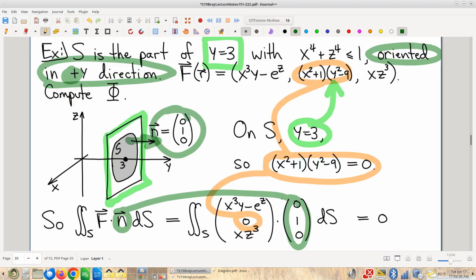I haven't parameterized anything. So simple geometry, or algebra, depending on how you want to look at it, gives us a tremendous amount of free information. And again, we get lucky and everything just disappears. That dot product is 0, and so our answer is 0. So again, heads up, be on the lookout for this kind of good stuff.